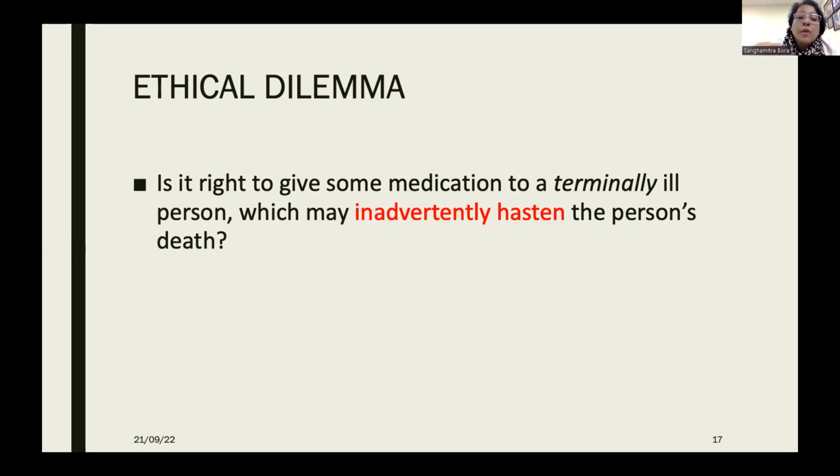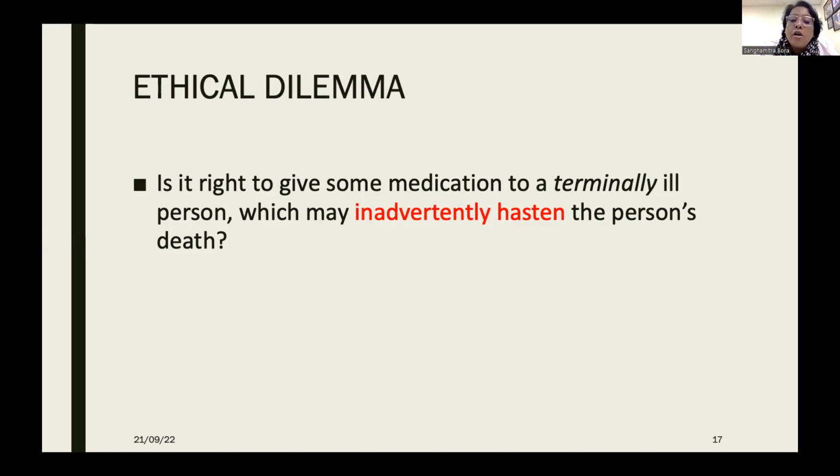So when we talk about ethical dilemma, the question is, is it right to give some medication to a terminally ill person which may inadvertently hasten the person's death? So we have to justify why we are giving midazolam to this patient. When we know that midazolam is the gold standard of treatment for terminal restlessness, why are we not going to give that to this patient?